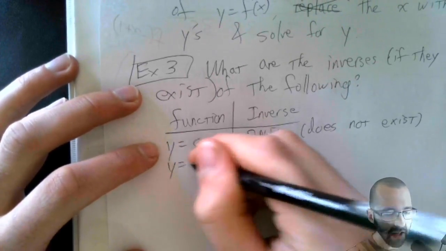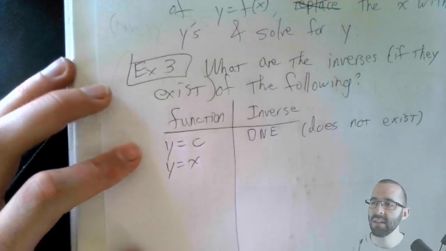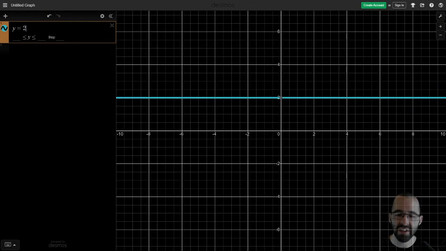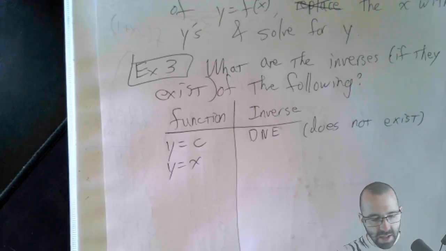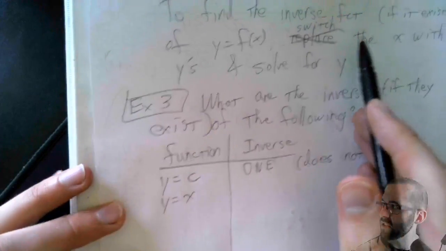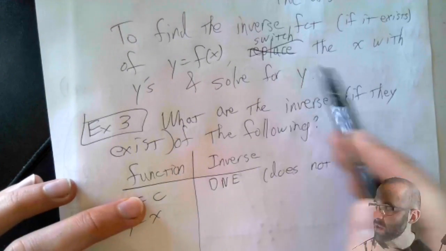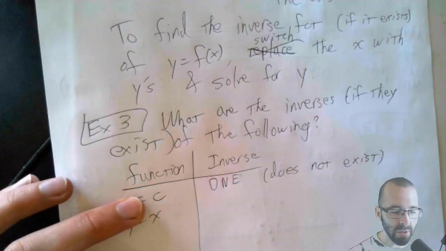Another toolkit function we did was y equals x. Okay, that was called the identity function. Looks like this, a nice diagonal line. Well, this passes the horizontal line test, right? Use a horizontal line test everywhere. So let's find the inverse function. To find the inverse function, if it exists, switch the y's and the x's and solve for y.